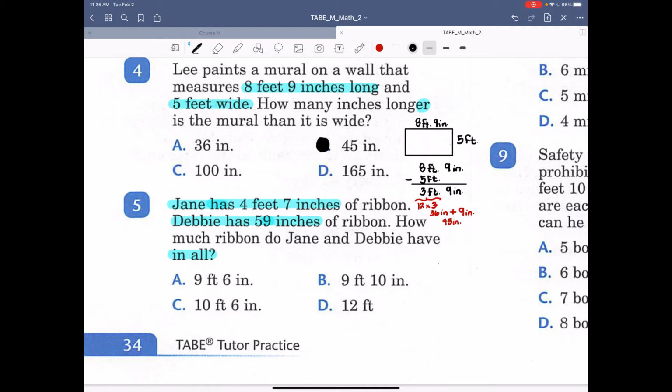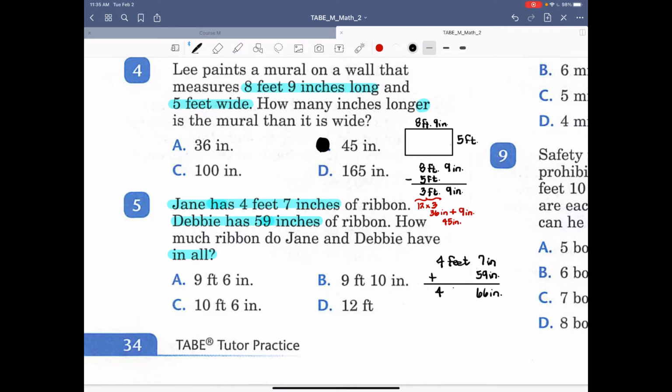And I'm going to say 4 feet 7 inches plus 59 inches. That's going to be 7 plus 59 is 66 inches.